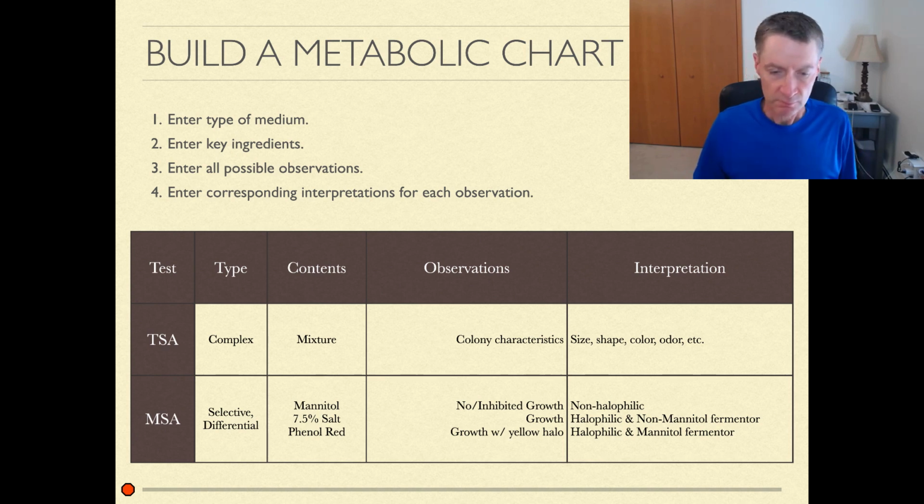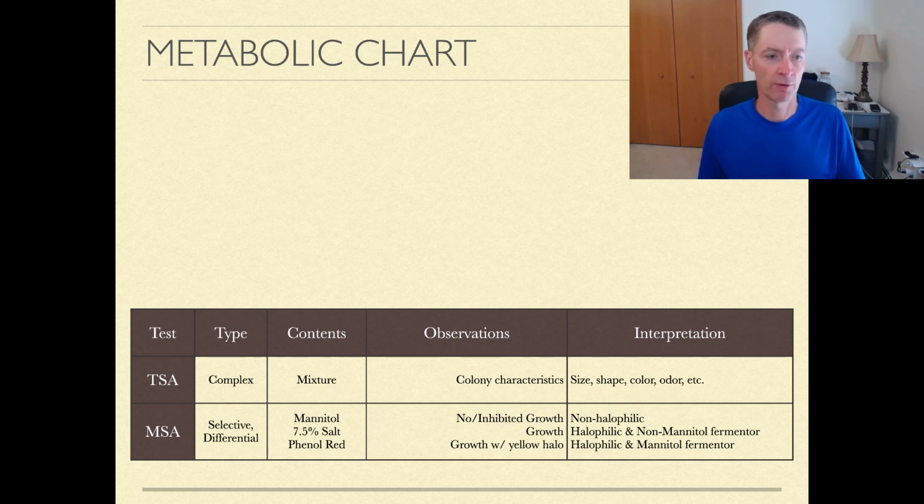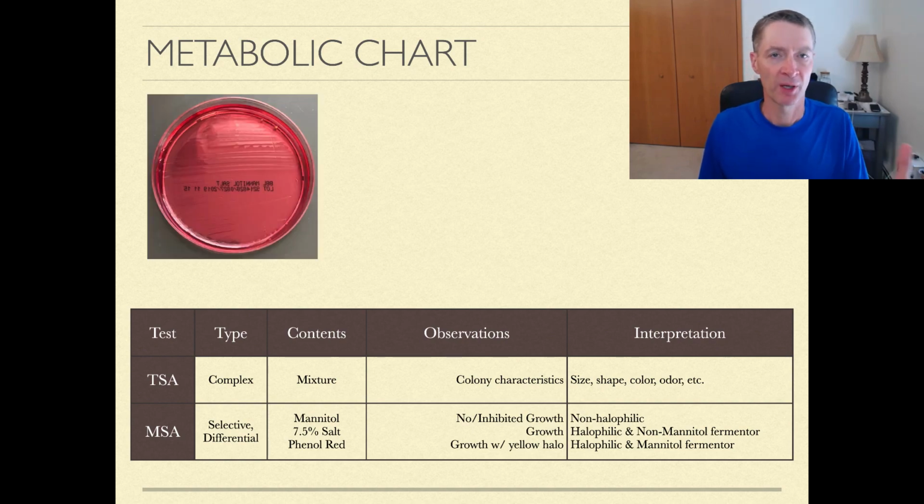All right? So let's say you have this cheat sheet in front of you, and again, I'm just showing you a couple of rows of this chart, and then I give you a picture like this on a quiz. And I tell you this is an MSA. It's an MSA plate. Well, if you look at this, the first thing you'd notice is that there's no growth at all here.